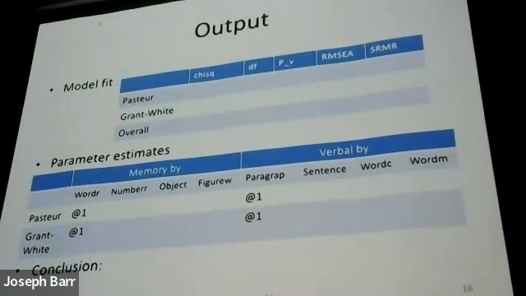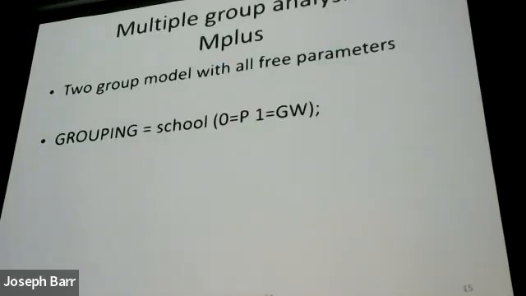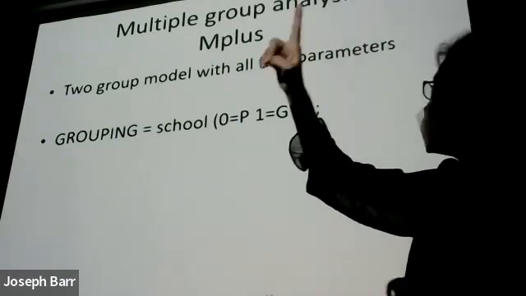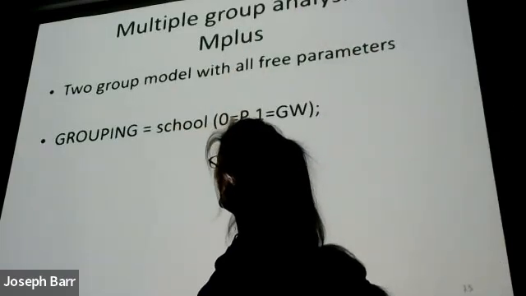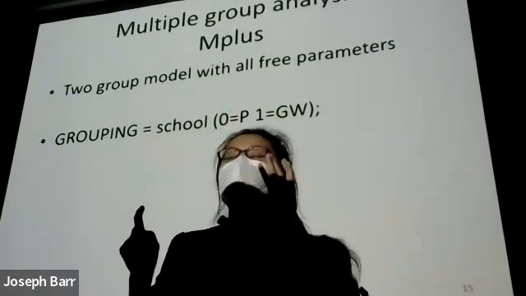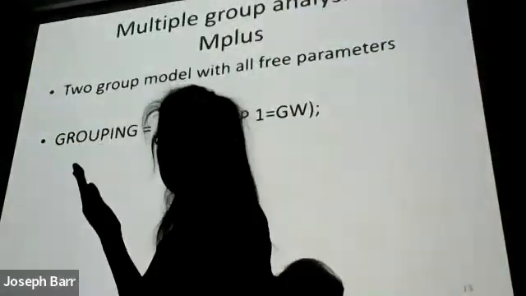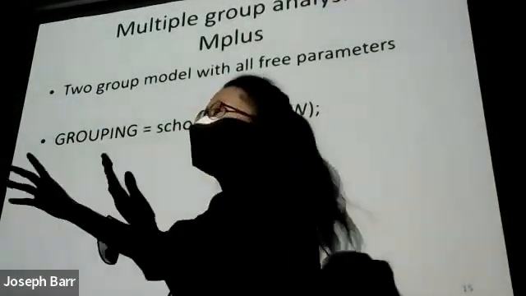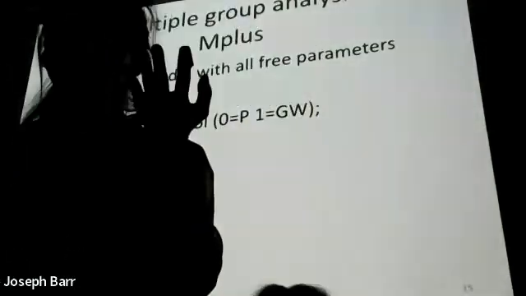Actually, I'll give you some exercise here. We don't have much time, so we can leave this example for next time. You can just try to do it by yourself. This time, you're going to compare two models. The full model is the model with two groups, two schools, with all three parameters, so the lambda for P school and the lambda for the GW school could be different.